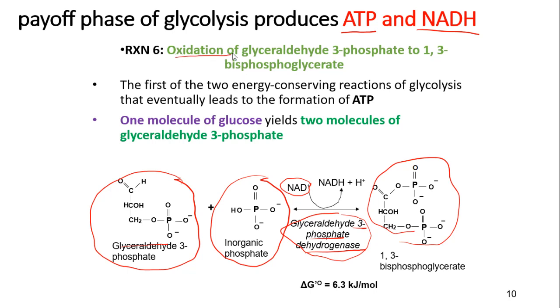Reaction number 6 involves the oxidation of glyceraldehyde 3-phosphate to 1,3-bisphosphoglycerate. This reaction involves glyceraldehyde 3-phosphate reacting with the inorganic phosphate, and this inorganic phosphate will produce the hydrogen ions, and these hydrogen ions will be accepted by NAD+ to produce NADH.